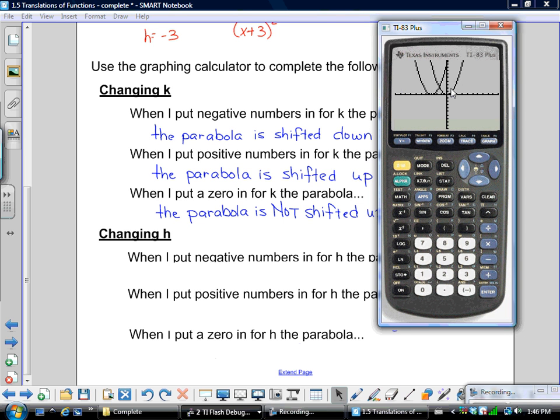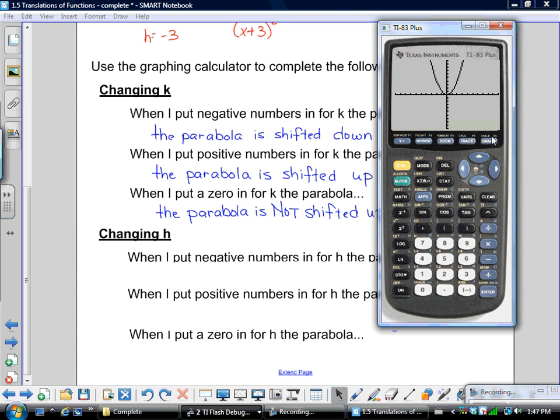So if I want to move it to the left, I put a negative number in. So I wonder if I want to move it right, if I put a positive in. Amazingly, that's what it looked like. Now, what happens if I put 0 in? So this time I'm going to change that to 0.